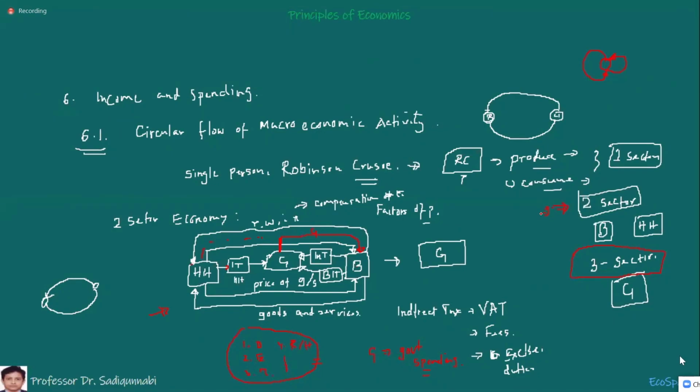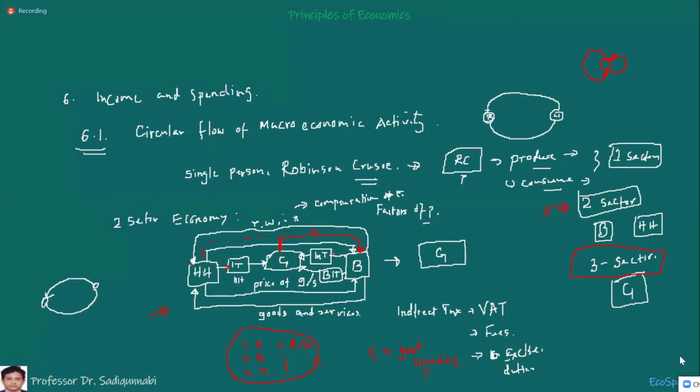So we start from the 2-sector model, household and business, and we show how flows of resources are coming from household to business and business to household. And then we created a third sector called the government sector, and we show how resources are flowing from government to business directly, and government to household indirectly, and household to government and business to government directly and indirectly.